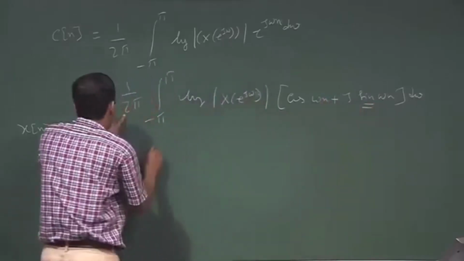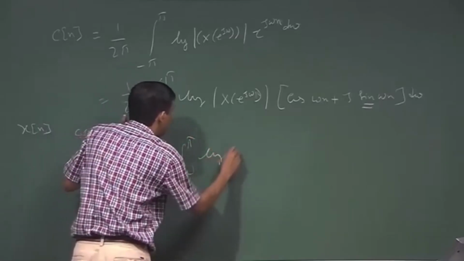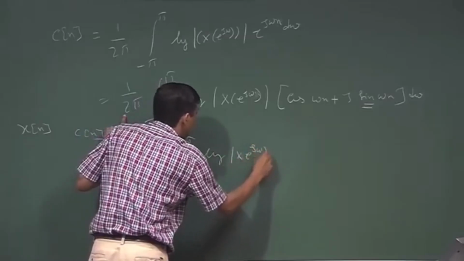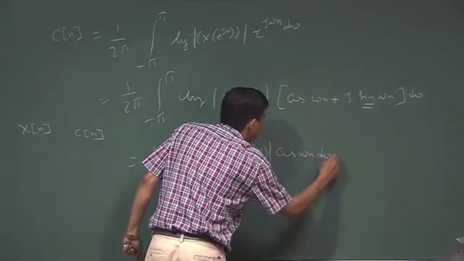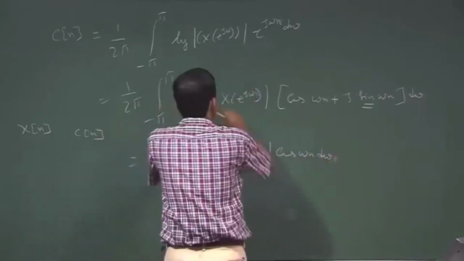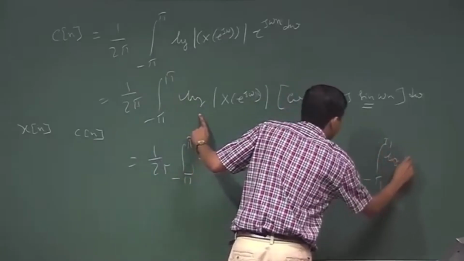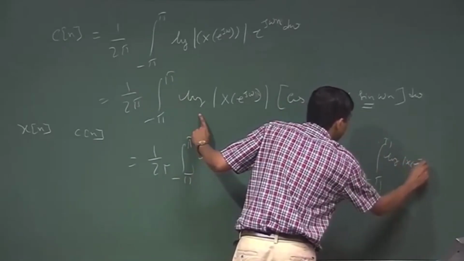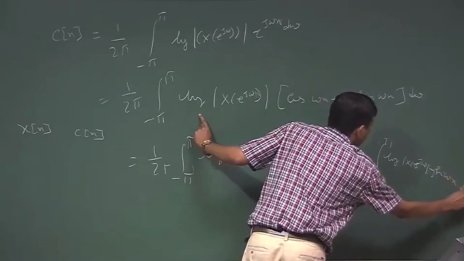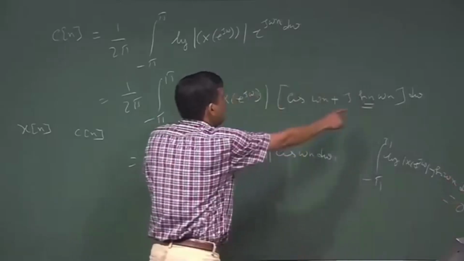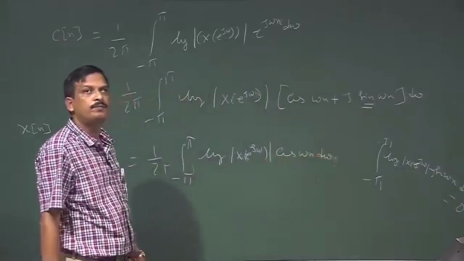That means 1 by 2 pi, integral from minus pi to pi, of log of mod x e to the power j omega into cos omega n d omega, because the integral of log of mod x e to the power j omega into j sin omega n d omega is equal to 0, because the integrand is odd. So, only the even part exists.